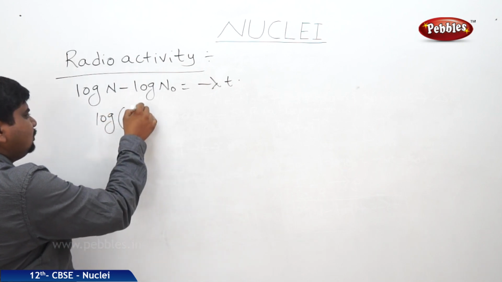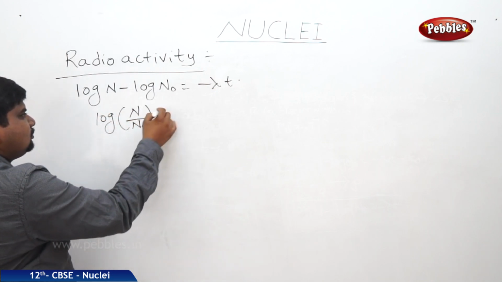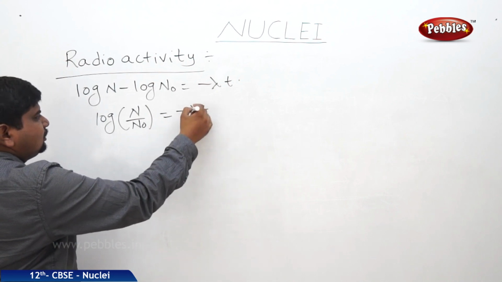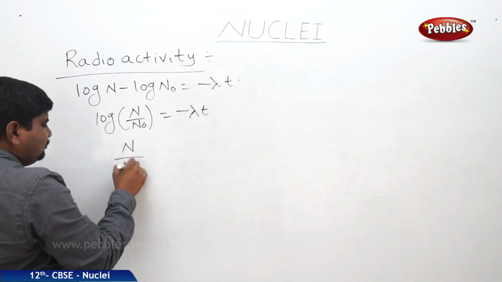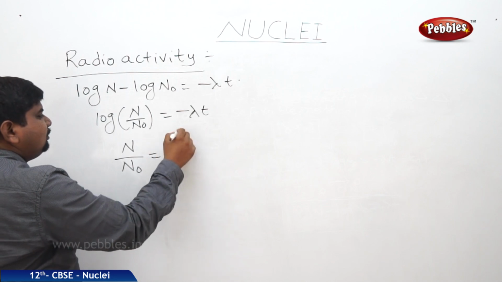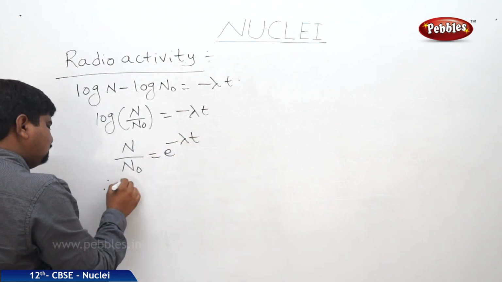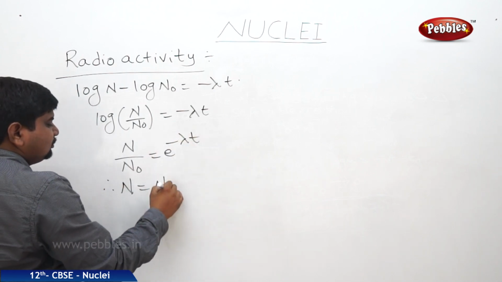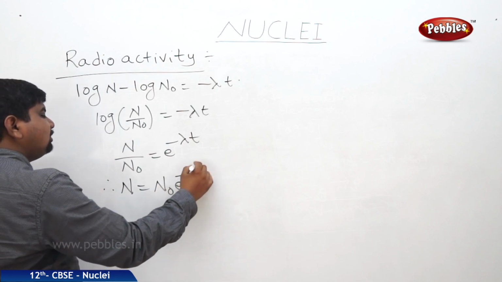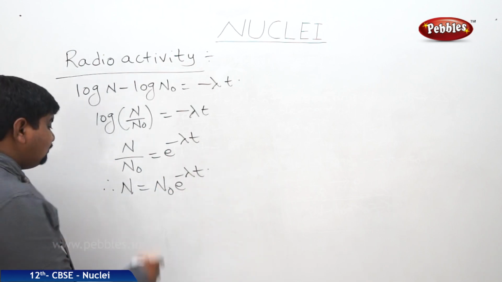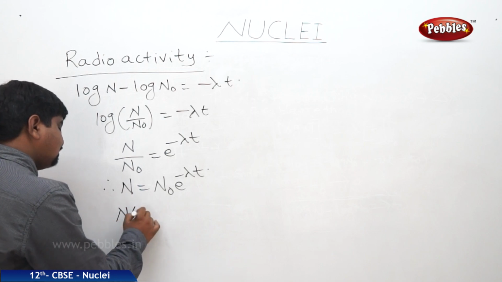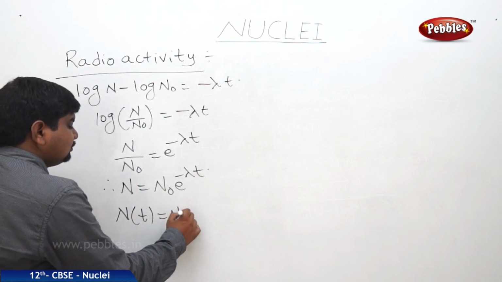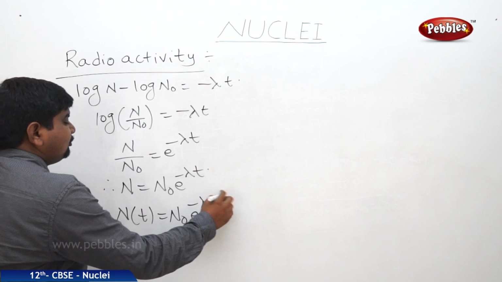Therefore, log N by N naught is equal to minus lambda t. We can write N by N naught is equal to e power minus lambda t. Therefore, N is equal to N naught into e power minus lambda t. As a function of time, we can write the equation like this: N of t is equal to N naught into e power minus lambda t.